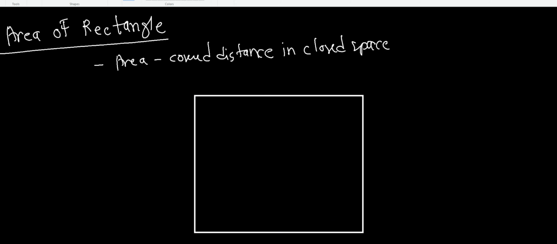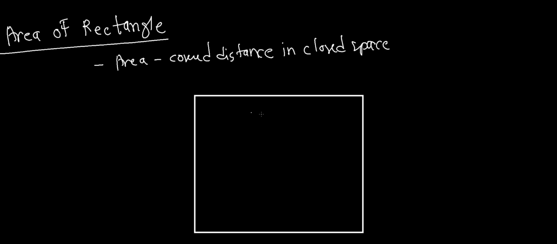So area of a rectangle means what is the value of the space covered inside this box. So for that we generalize the term as area, and that's my understanding. You can verify that, or cross check, or make your statements also.